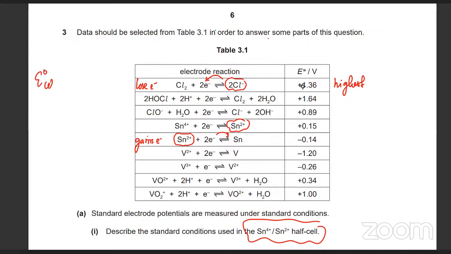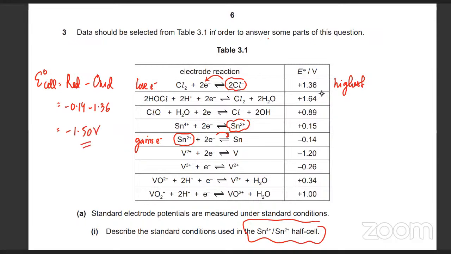The E0 cell is reduction potential minus the oxidation potential. My reduction potential, the part that gains electrons, is minus 0.14. My oxidation potential, the part that loses electrons, is 1.36. So it's minus 1.36, and I'm getting a very negative E0 cell.